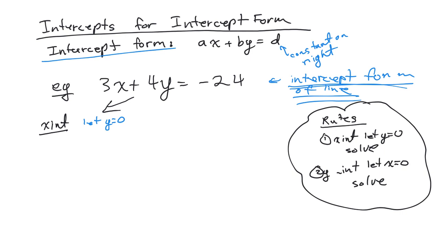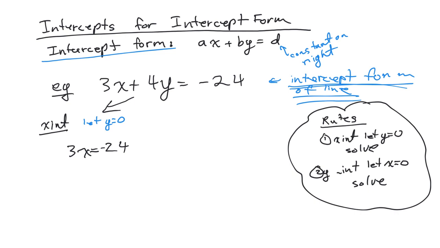Which really means we just have 3x is equal to negative 24. Because if I plugged in a 0 here, this whole thing here would be gone, wouldn't it?